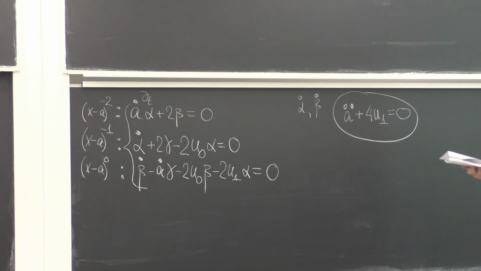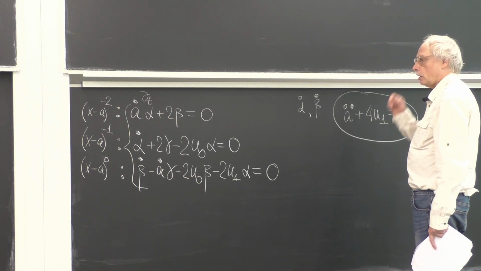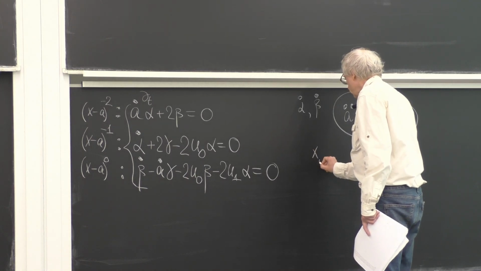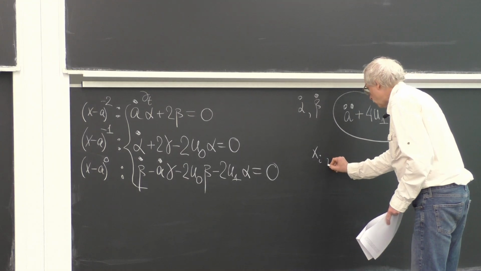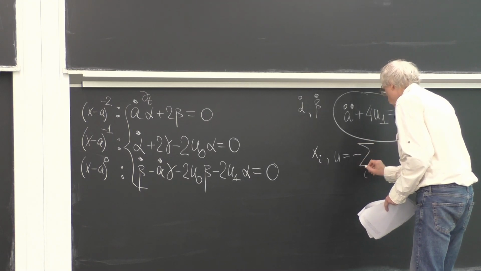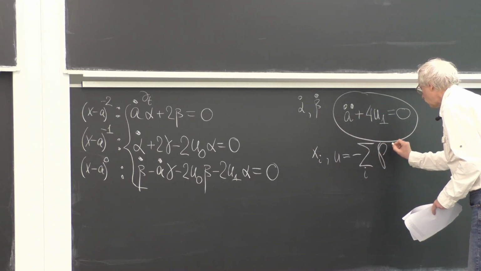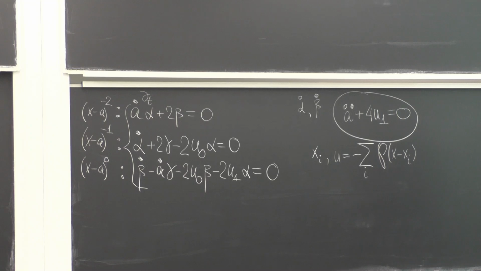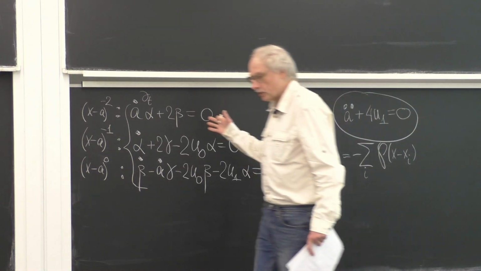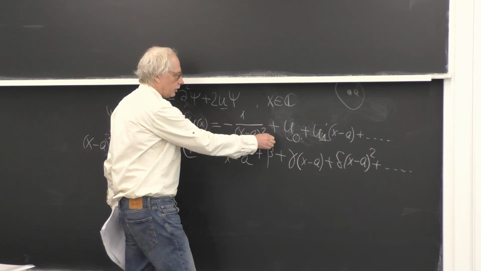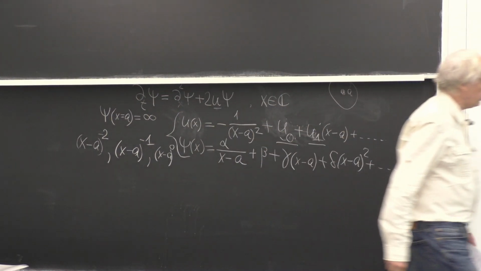Now, suppose that we have several poles at some points x_i. And then the function u for elliptic solutions can be written in this form. From this, we can find, expanding it around each pole, we can find u0 and u1.